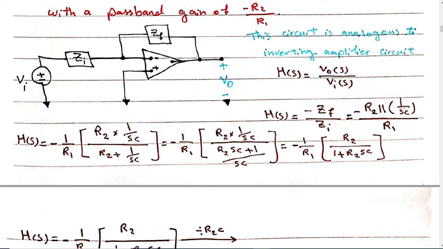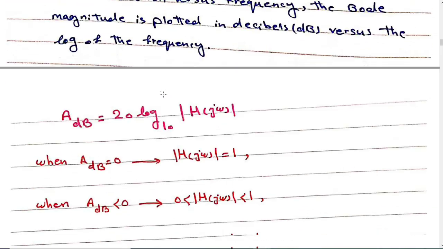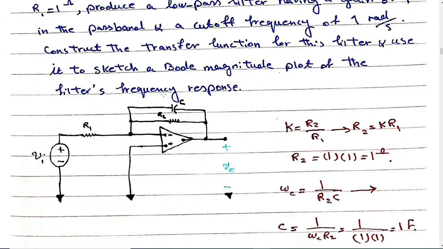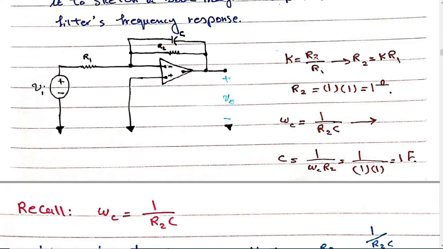What is ZF? R2 in parallel with the capacitor. And this is ZI, which is just one resistor. So what is K? R2 over R1, which is the gain.